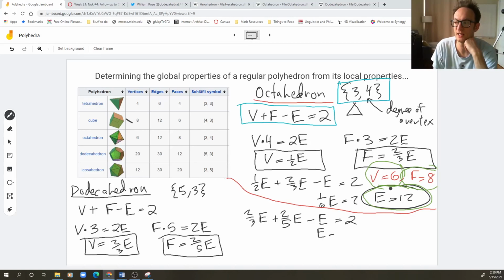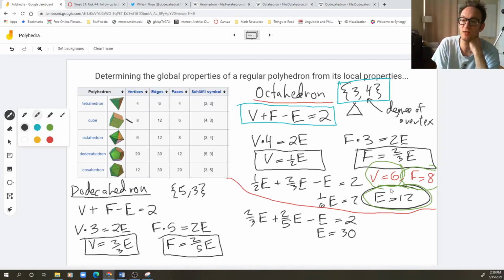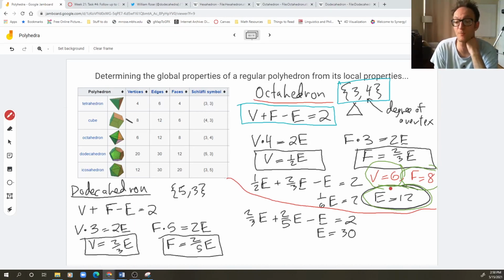So E equals 30. And that proves that there are 30 edges in a dodecahedron. And if there are 30 edges, then to compute the other facts, I just go back to these relationships, and I see that there must be 20 vertices, and there must be, plugging 30 in here, 12 faces.